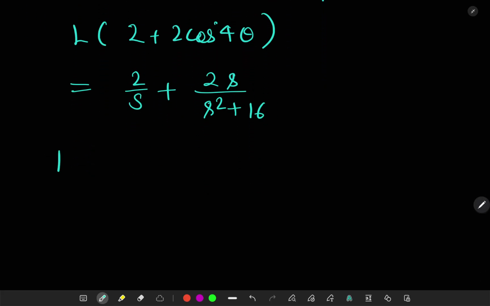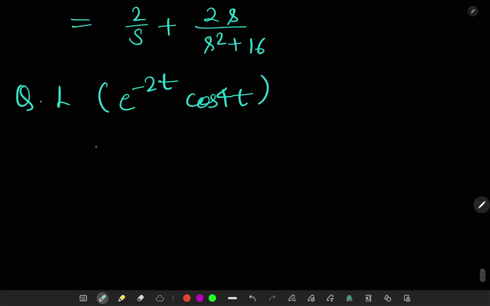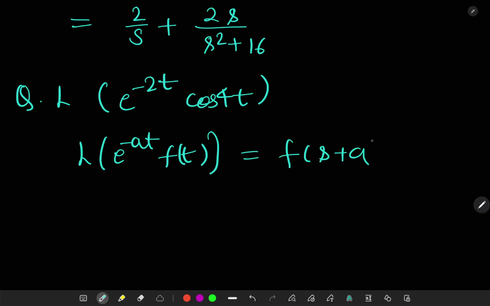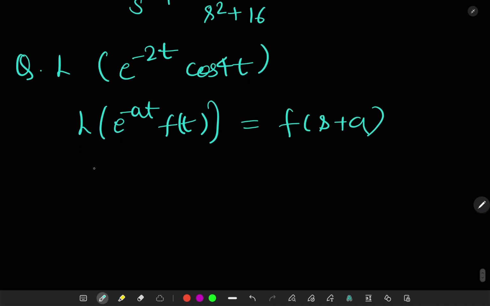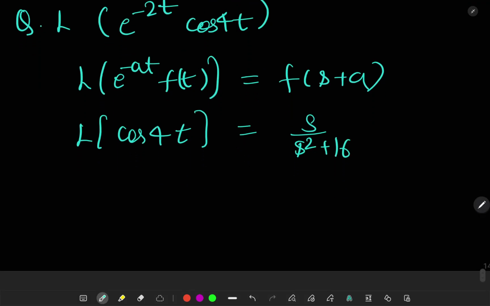Let's do another question. Laplace transformation of e raised to power minus 2t cos 4t. Here we use the property: Laplace transformation of e raised to power minus at f(t) equals F(s plus a). So we need to find the Laplace transformation of cos 4t, which equals s by s square plus 16.